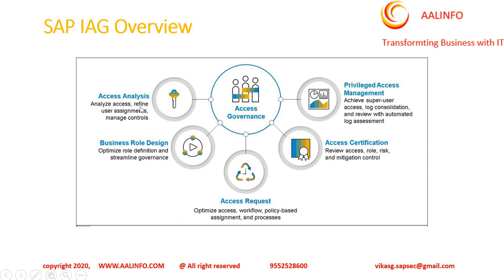These are the modules we will have in SAP IAG, and we will learn how to configure all these modules and then how to utilize IAG with them. We will be creating some risks, some business roles, some access requests, doing access certification and emergency access, and we will show you practically in IAG how we can do this.